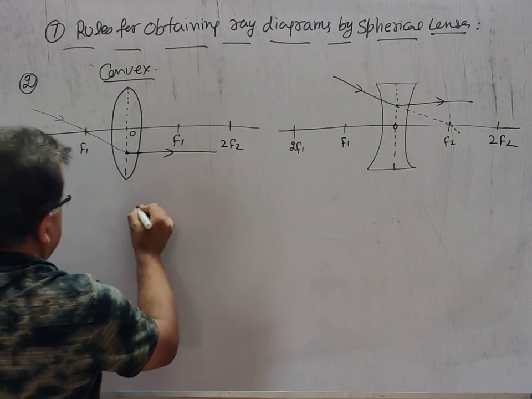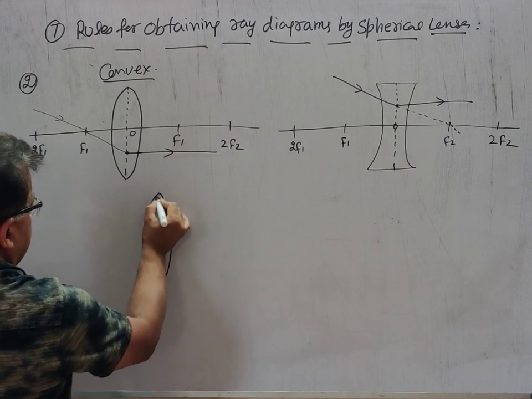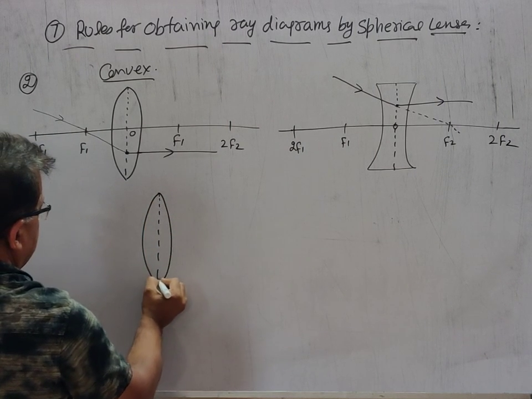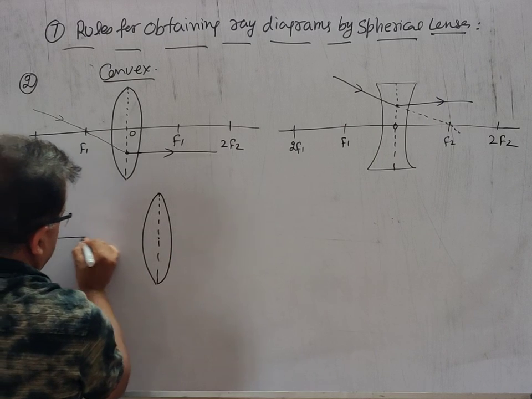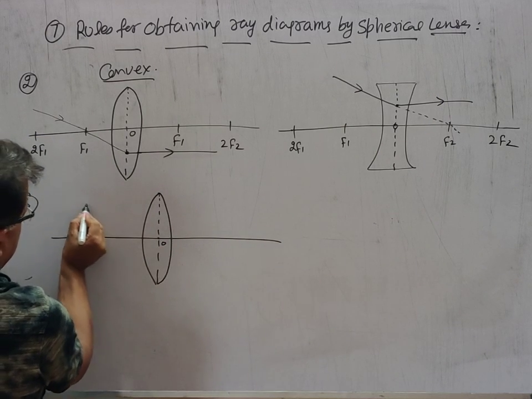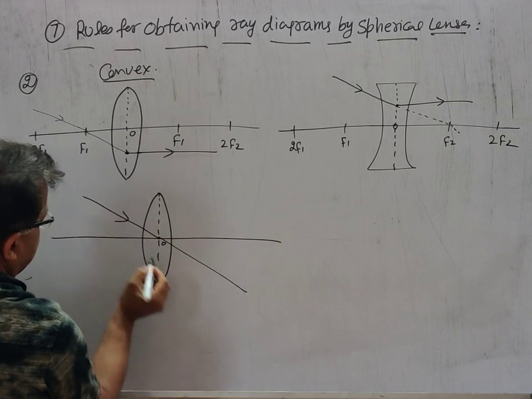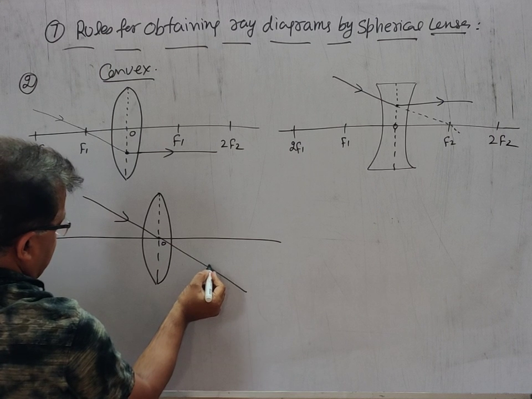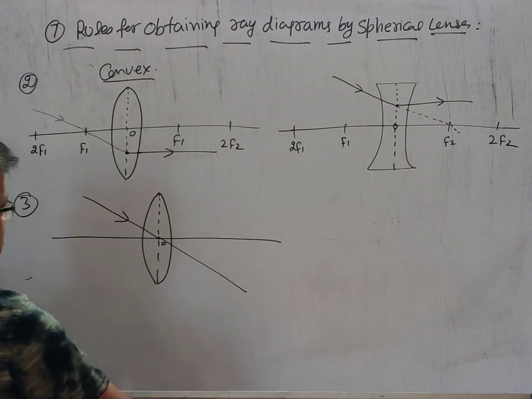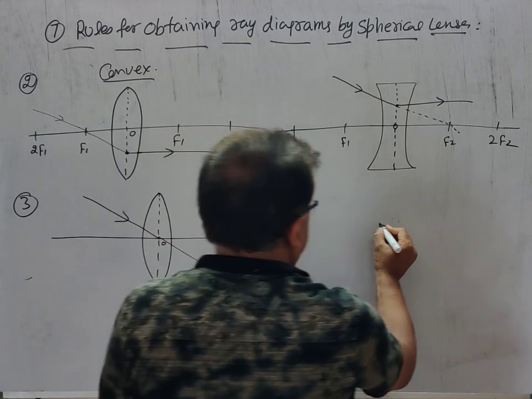The third rule is that if an incident ray passes through the optical center, then after refraction it will pass through the same path, the same in both cases.